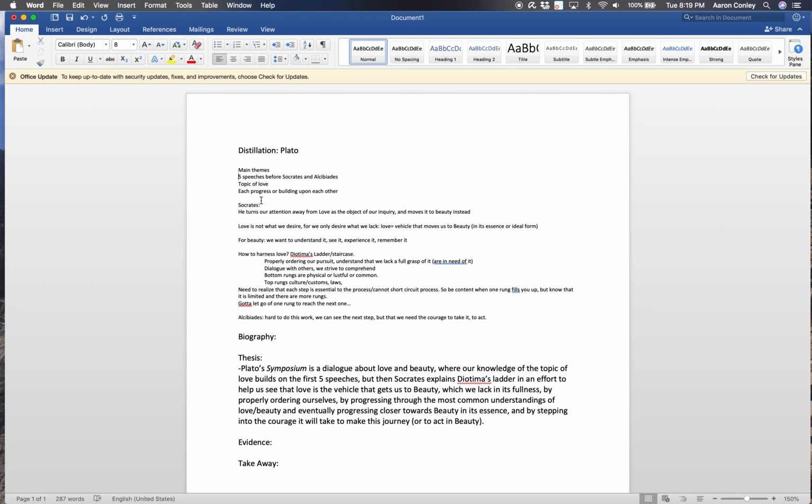So each progresses or builds in their knowledge so that we get the most basic understanding of love from Phaedrus in the very beginning, and a complementary but more advanced understanding of love by the time we get to Agathon. And then Socrates enters, right?